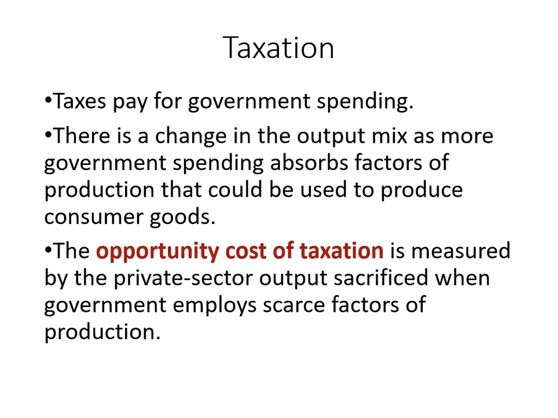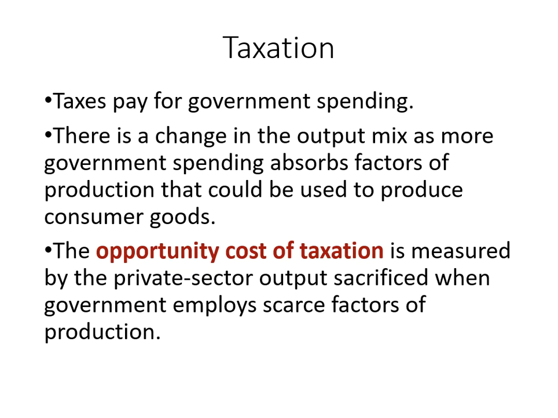The opportunity cost of taxation is measured by the private sector output sacrificed when government employs scarce factors of production. So the higher the tax imposed, usually the lower the productivity, because the producers' profit margin gets reduced, and then they will no longer be able to produce as much as they want.